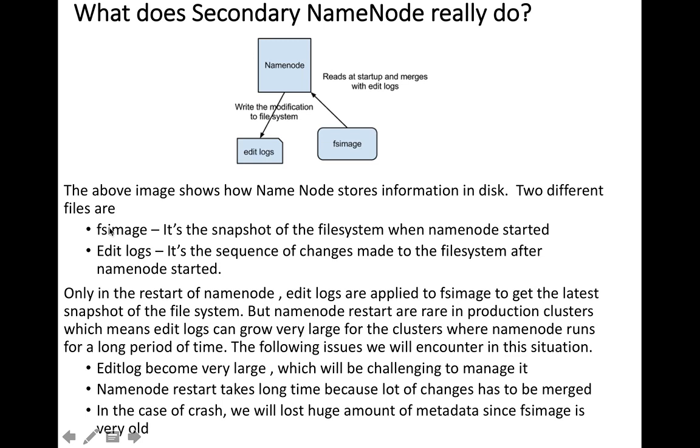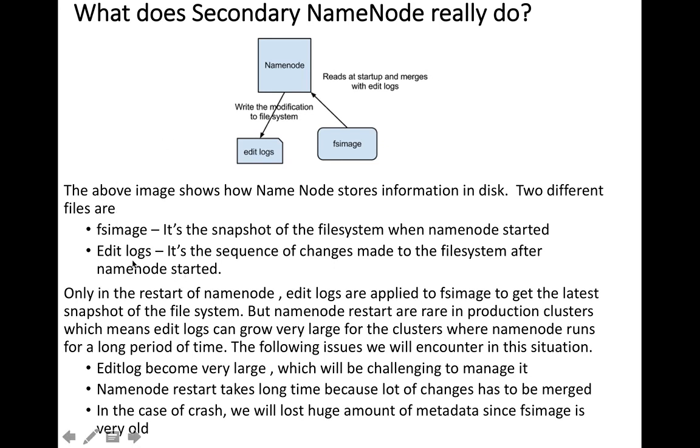One is called FsImage. FsImage is the snapshot of the file system when the name node started. So when you start the name node, it produces an FsImage on the name node. The FsImage includes the whole information for the file system.